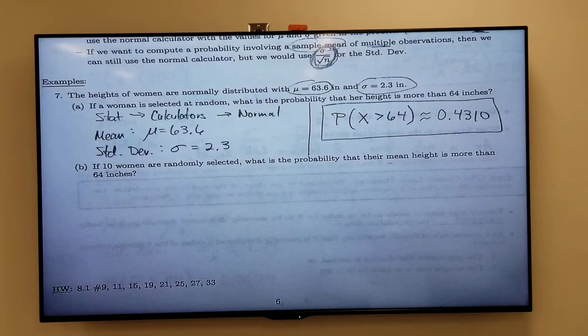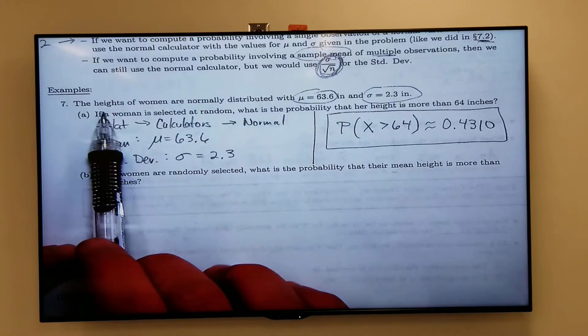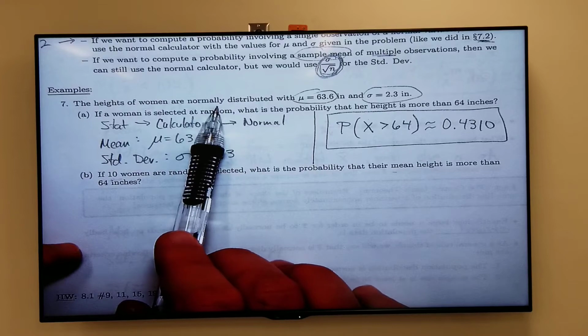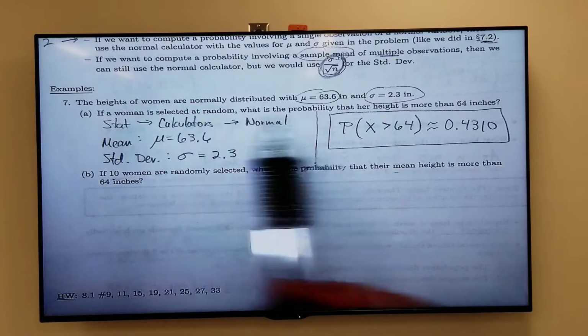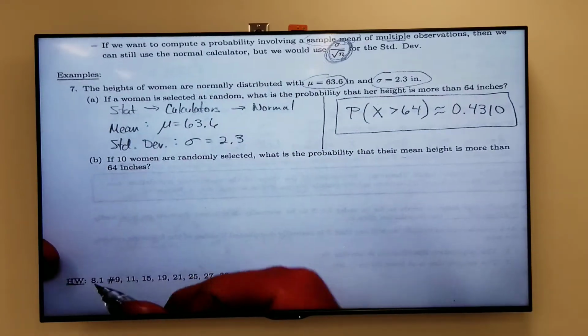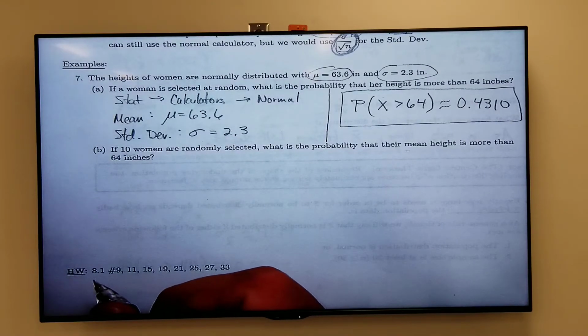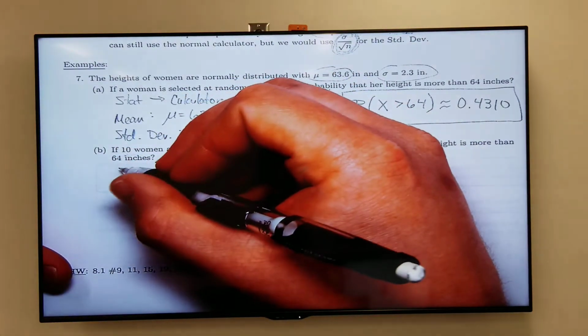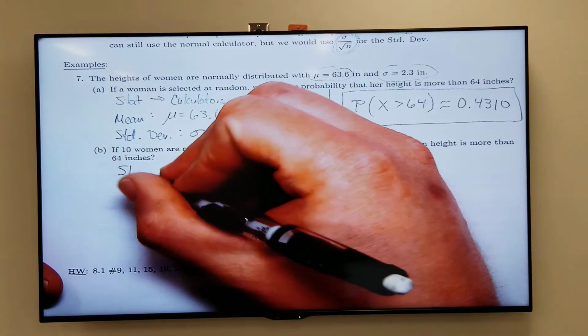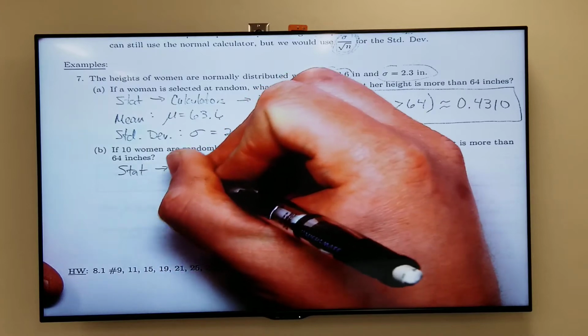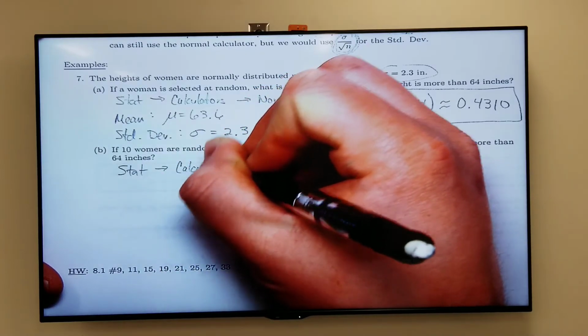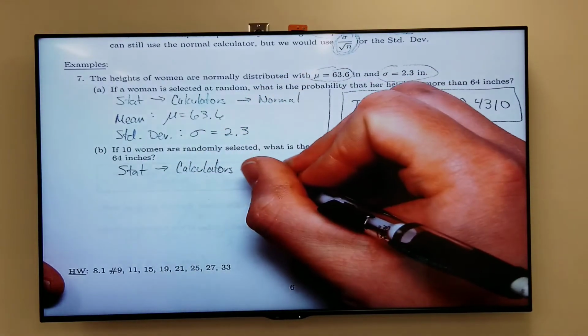The good news is that since the population is normally distributed, we know that X bar is also going to be normally distributed. And so we can use the normal calculator in StatCrunch to compute this probability. So again, just like in part A, we're going to go to Stat, Calculators, Normal.